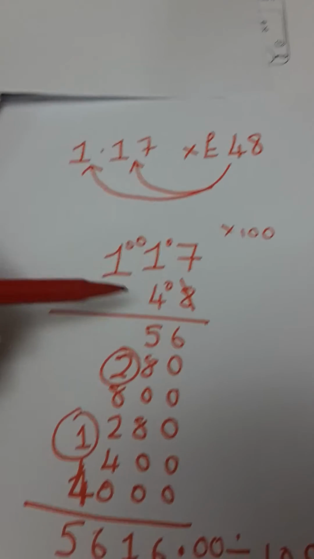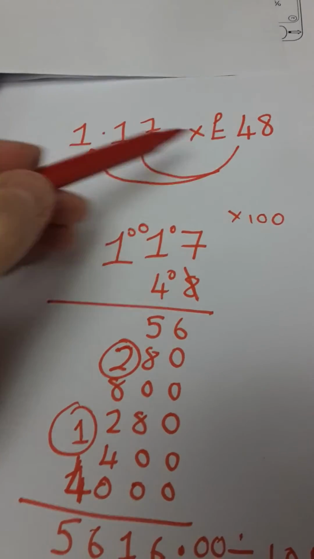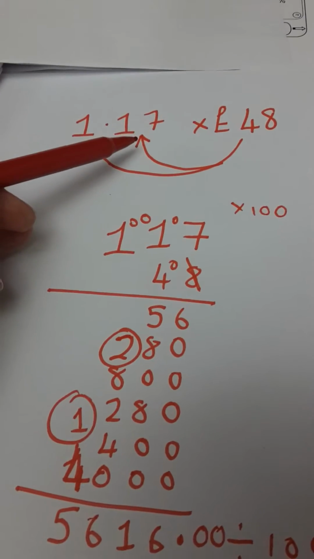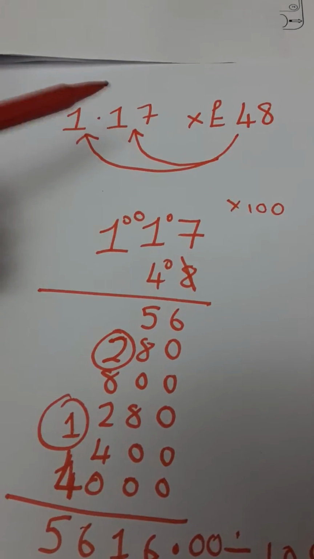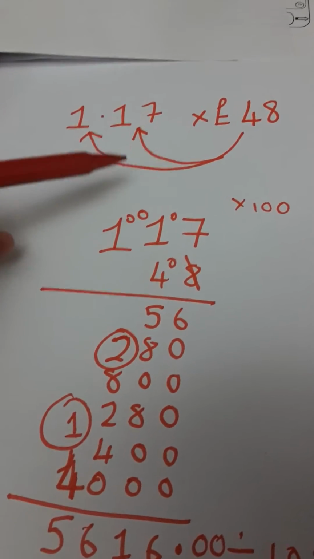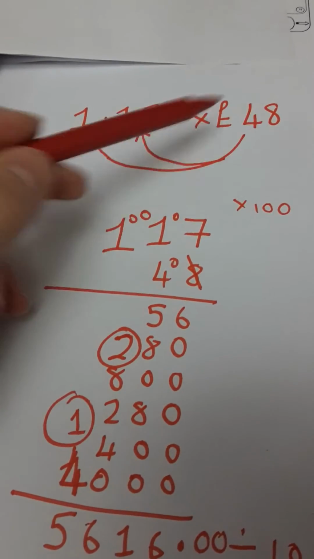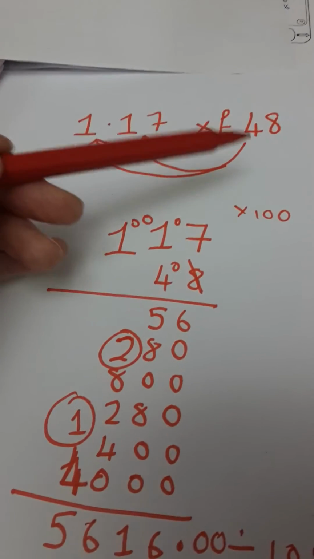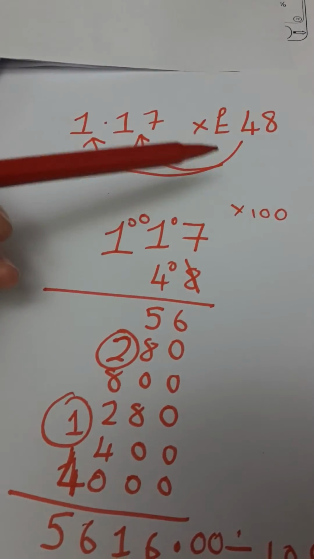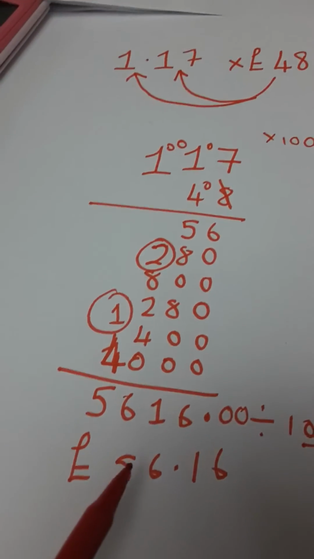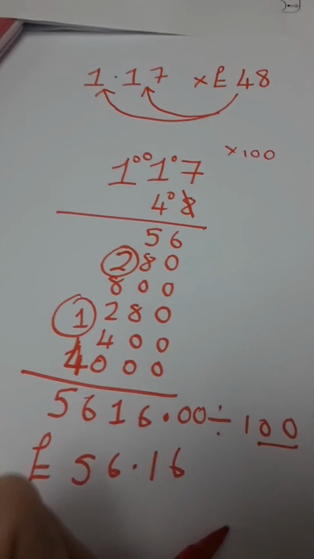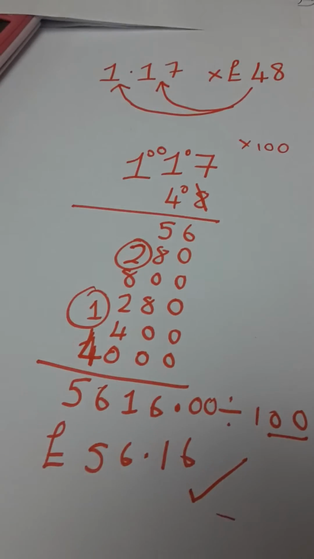Now our original number was £48, and 17% is quite close to 20. 5 lots of 20 makes 100%, so we're kind of expecting about a fifth of 48. So a fifth of 50 would be 10, so we're kind of expecting about £10 extra on top of what we've got, which is about right. So I know, as an estimate, that this is correct.